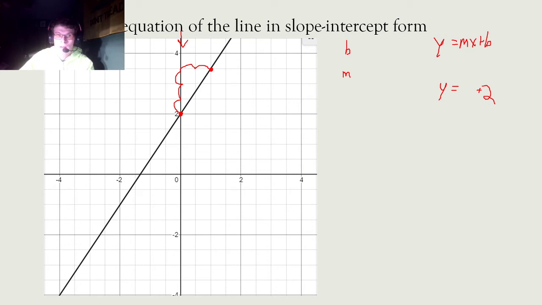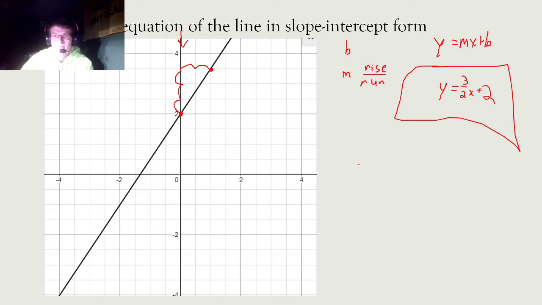So rise over run, my rise is 3, my run is 2. So that means my slope is 3 over 2x. Because remember, slope represents rise, or where it's going, up or down, over run. Okay? So rise over run, this is our equation.